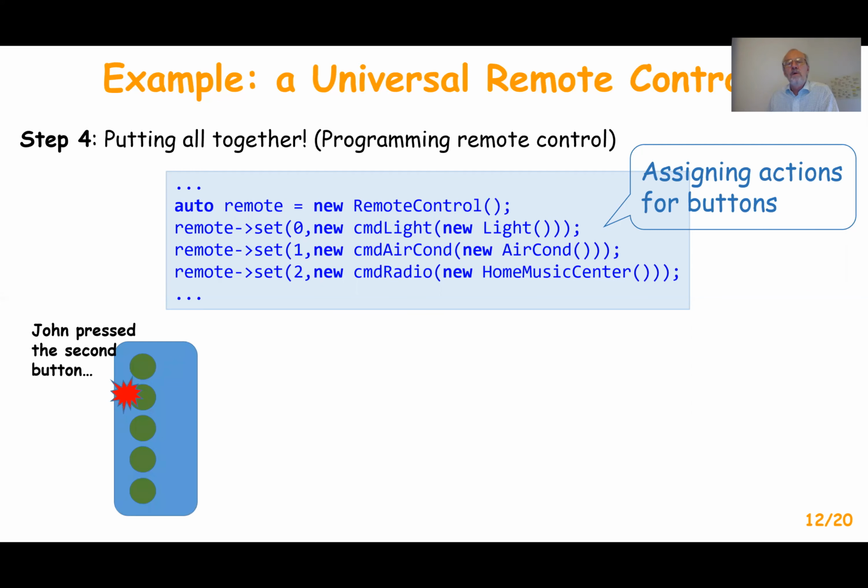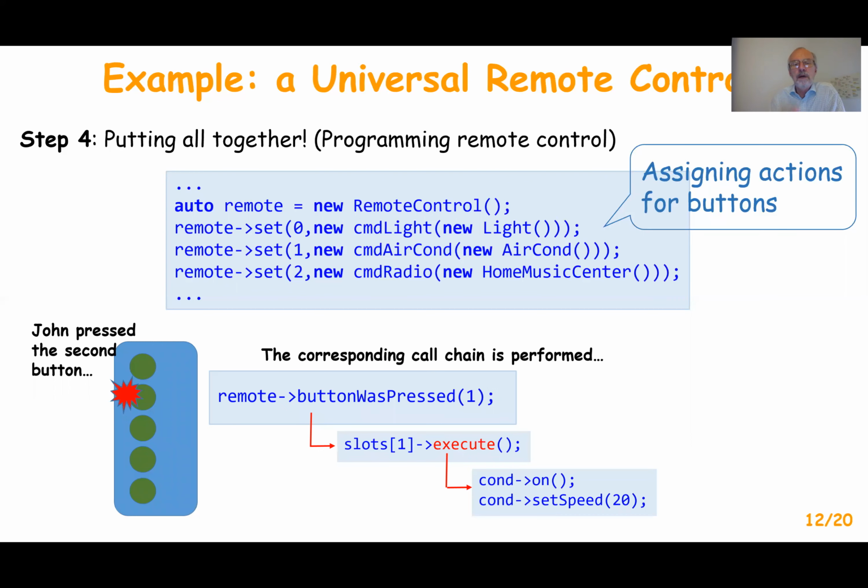Okay, so what is the result? Suppose a person takes the remote control and presses the second button. The second button has the number 1. What happens after pressing that button? As you might see, the function button pressed is invoked.